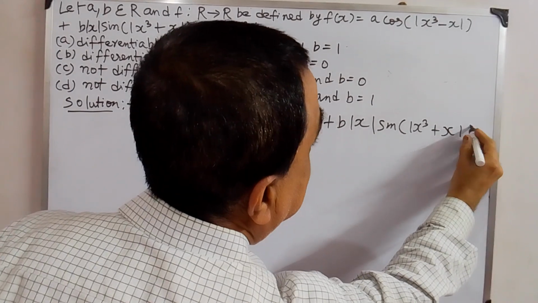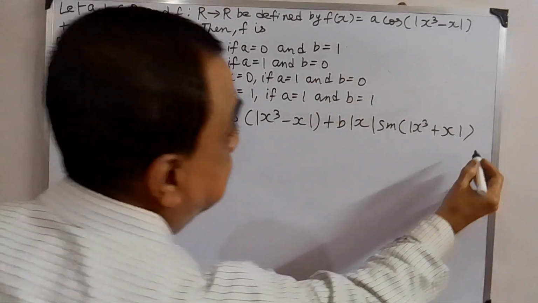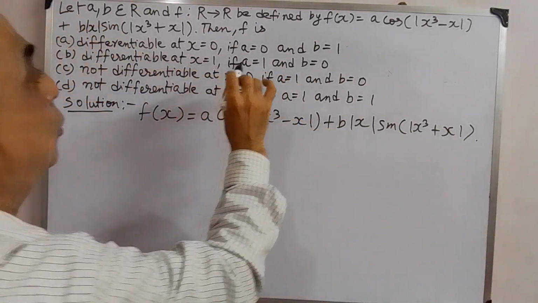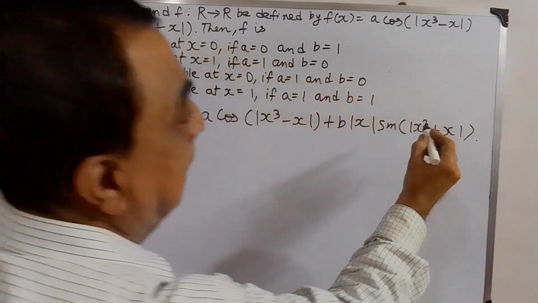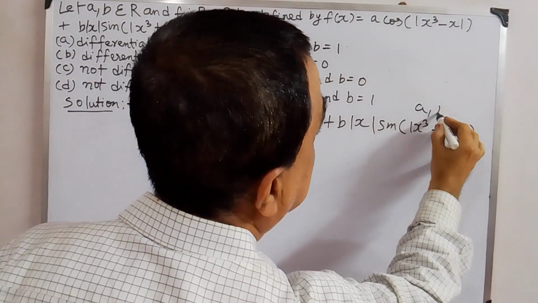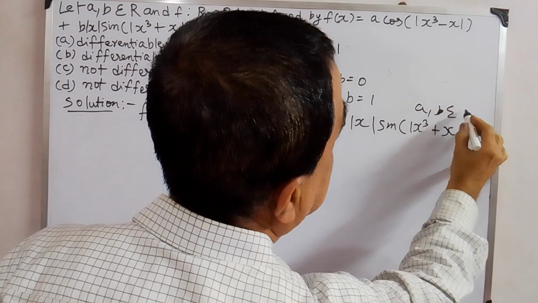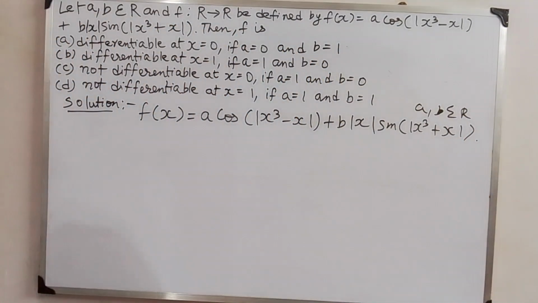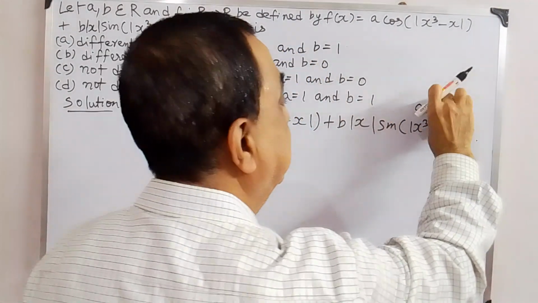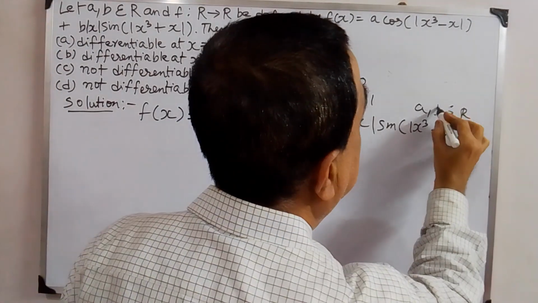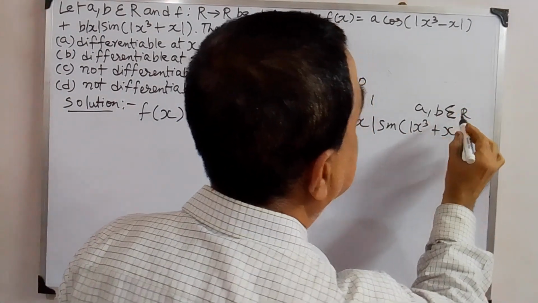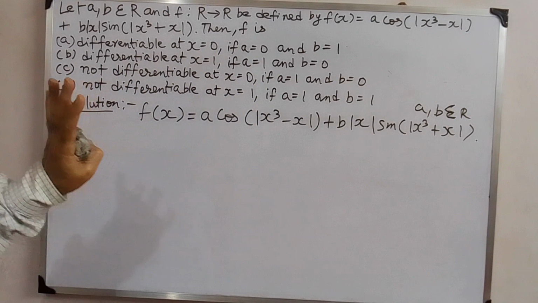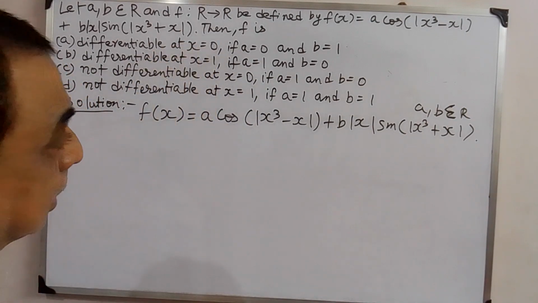Here it is being told to us that a and b are elements of real numbers. So we have to check its differentiability at points 0 and 1.